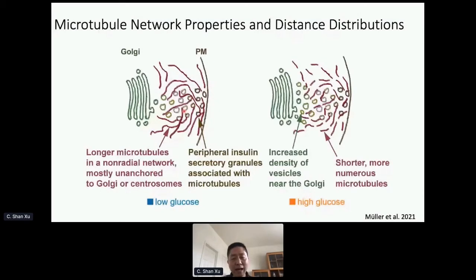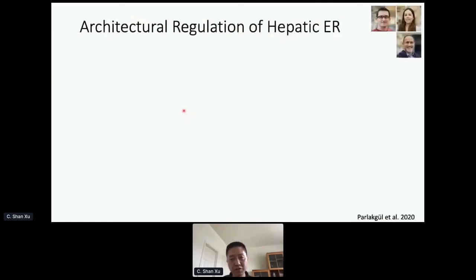The second example, highlighting the application of FIB-SEM beyond the connectome, is about the structure and function of hepatocytes. So our collaborators, Gunesh Palagu and Anna Aruda from the Hatamishli lab at Harvard, hypothesized that the functional diversification of these hepatic ER is due to its structural regulation.